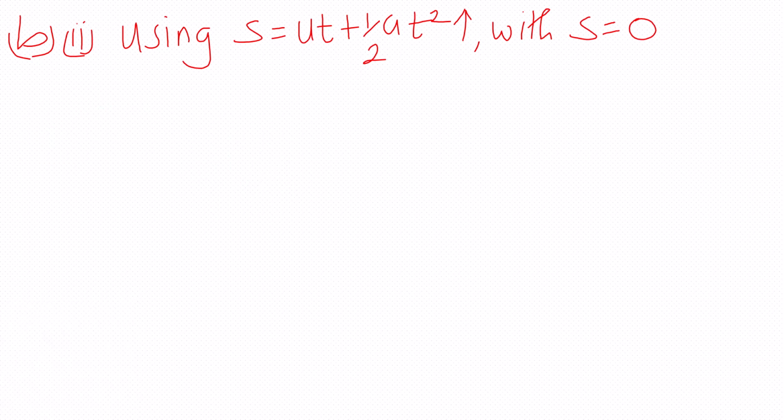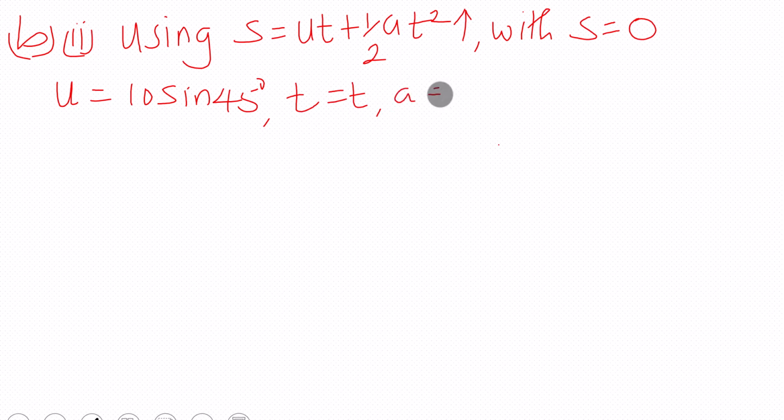And then our u is equaling 10 sine of 45 degrees. So our t can be taken as t, and acceleration will be negative 9.8.